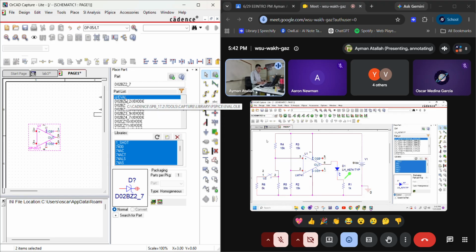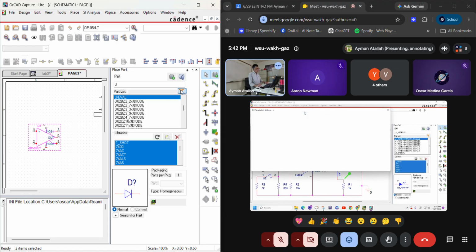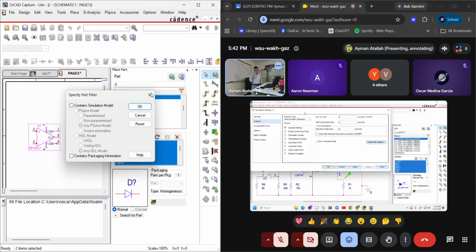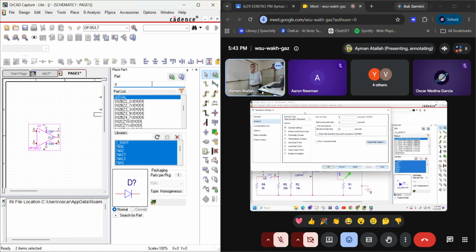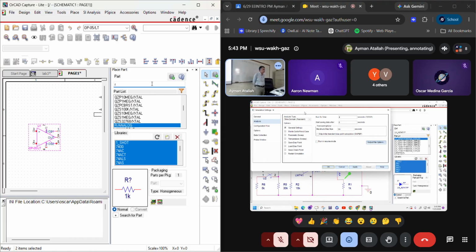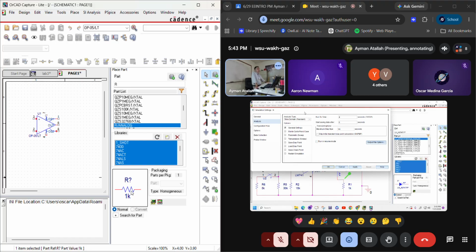The settings again? The setting is here. Four seconds and maximum step size 1 milli.